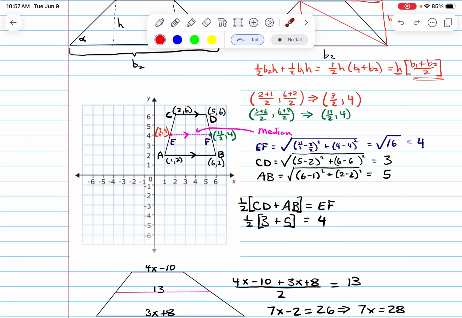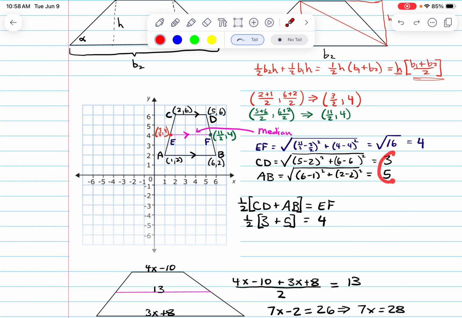But also notice this. If I calculate the distance from E to F, I use my distance formula, I find that the distance is 4. Now, if I calculate the distance from A to B, or I could just count it, 1, 2, 3, 4, 5. And I calculate this, 1, 2, 3. I could use the distance formula.